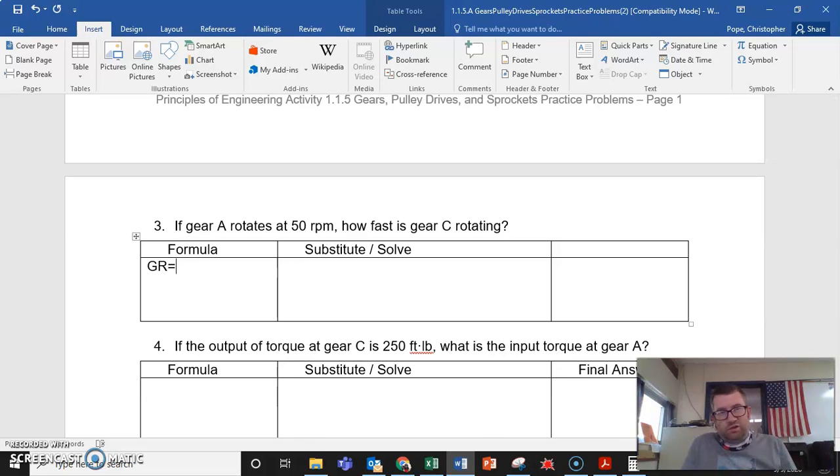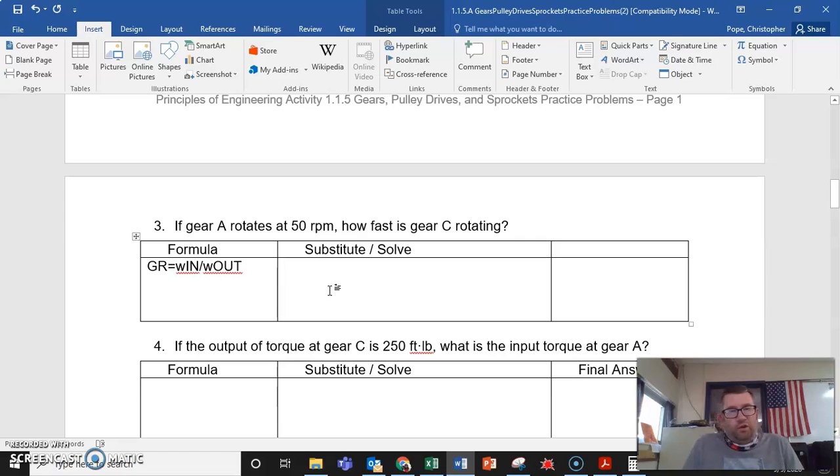Gear ratio here is angular velocity in divided by angular velocity out. Remember, angular velocity, or RPM, is the reverse of everything else when you're talking about gear ratio.